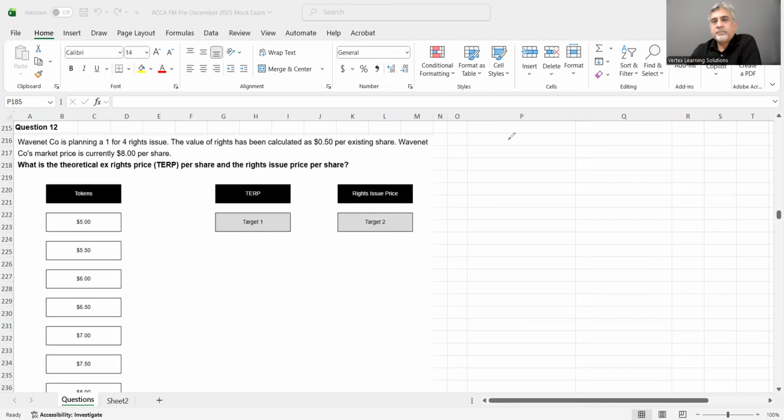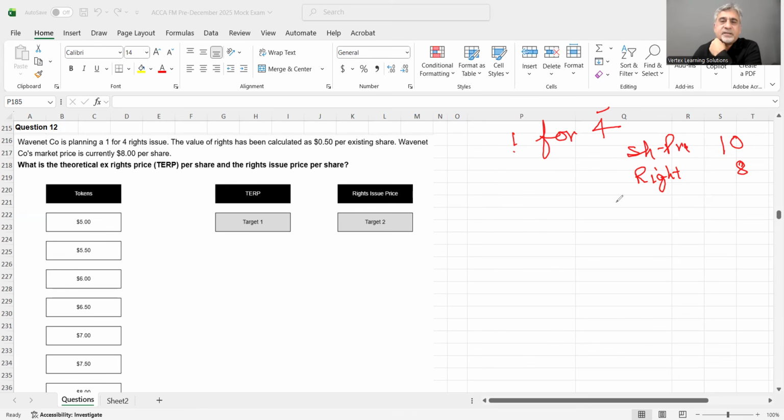Number one, if you say 1 for 4, and you say that my share price is $10 and I am planning to issue a rights issue for $8, which means that anyone who has 4 existing shares can buy 1 new share at $8. Okay.